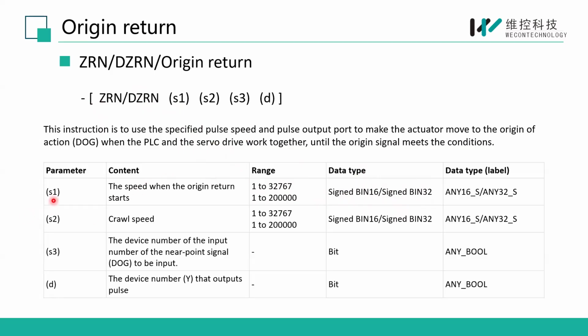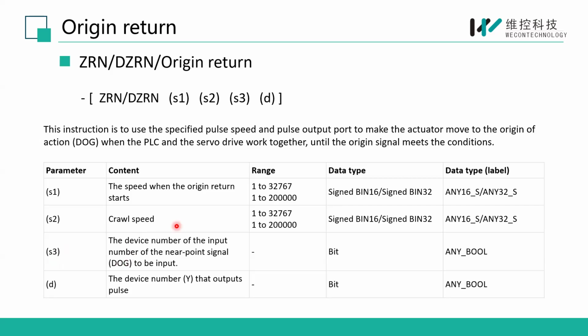The second parameter is S2. S2 means the crawling speed. When the PLC receives the dog signal from S3, the servo will switch to running slowly at the crawling speed.